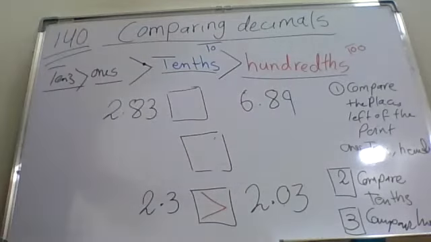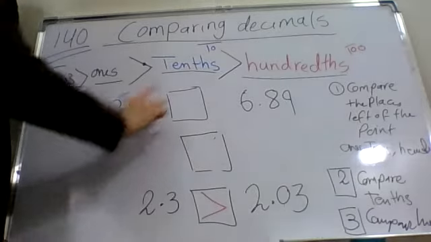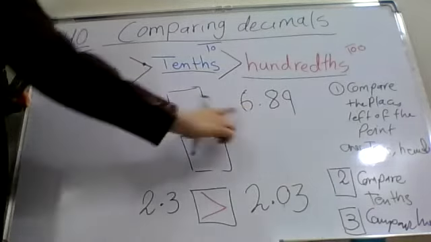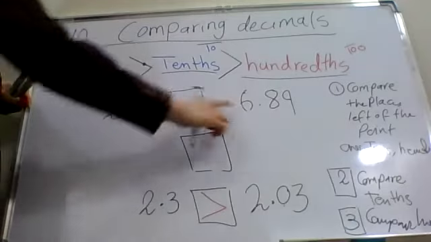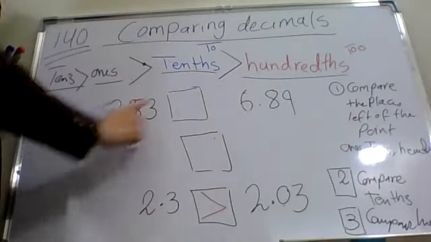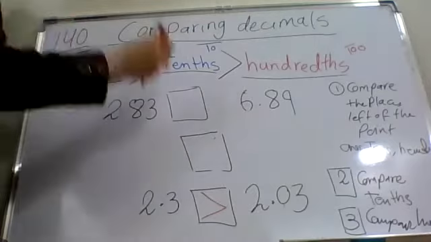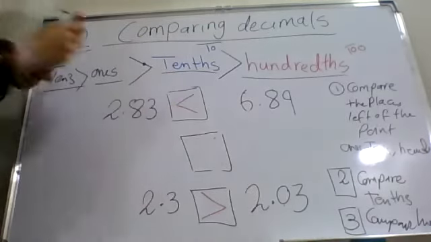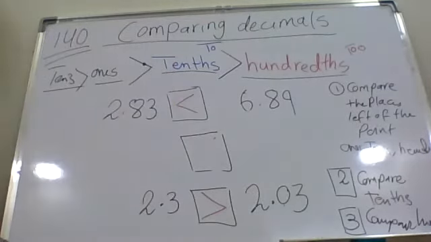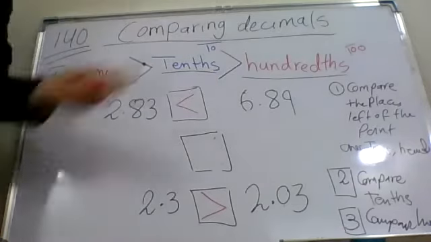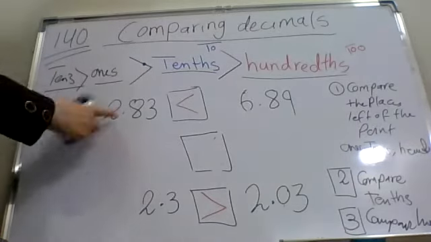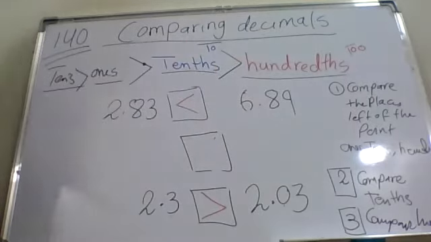Okay, which one is bigger? You start from the ones place. 2 and 6. Are they equal? No, they are not. So you can start comparing. Which one is bigger? It's number 6. So you just give the priority to 6. 6 is bigger than 2. So ignore the other numbers. They are all just small fractions. You just have to look at the places before the point first.